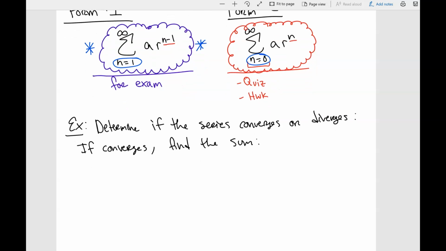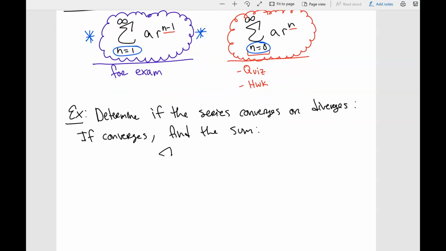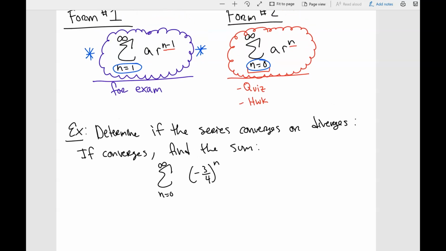Okay, so here what you want to do, let's go ahead and do a problem. n goes from 0 to infinity of (-3/4)^n. Okay, notice that this is in form number 2 because it starts at n equals 0.